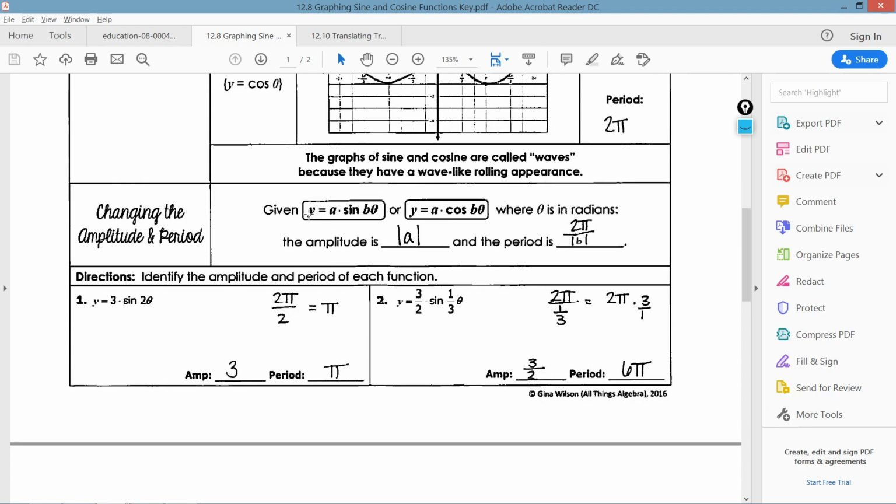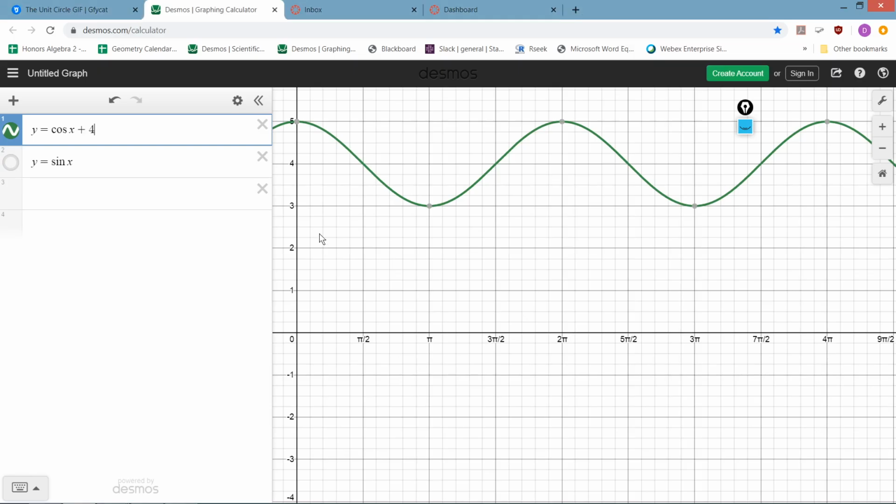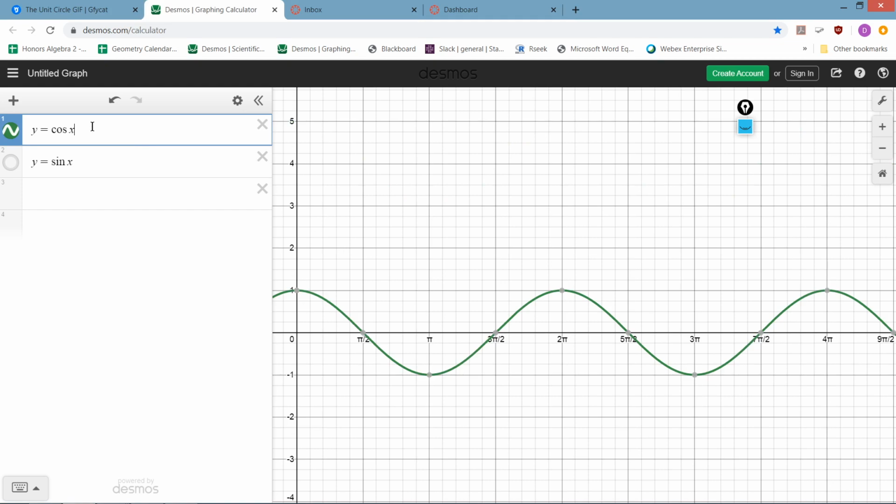Now let's start talking about, I don't know if we want to call this standard form or not, I don't know if that's technically correct, but this formula, y equals a times sine of b theta. That's a pretty big jump, you might say, but we're not going that far. Y equals cosine x.